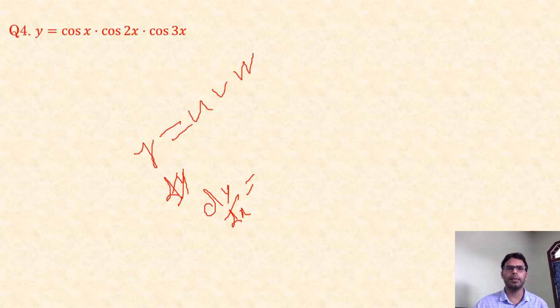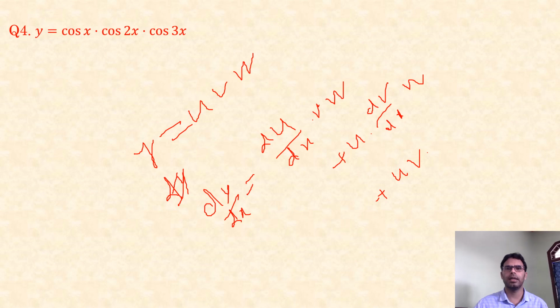first the derivative of u, it is du dx, then v w remaining the same, plus then u remaining the same, v differentiation is dv dx, and then w remaining the same, then plus again u v remaining the same, then dw dx. So this is the process of differentiation if the function is given as a product of more than two functions.